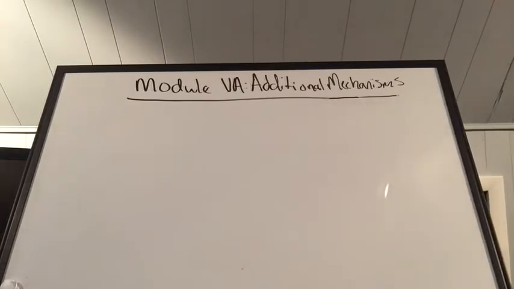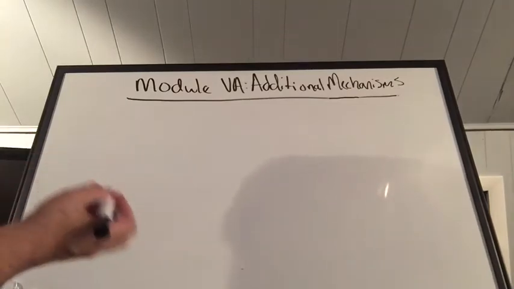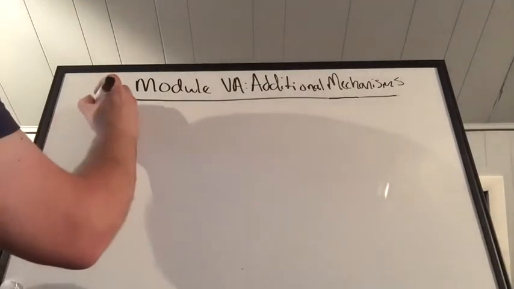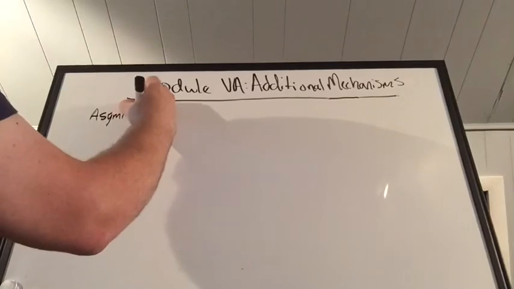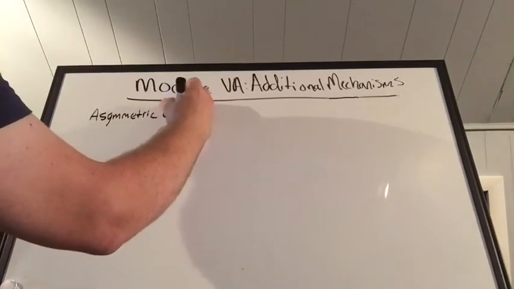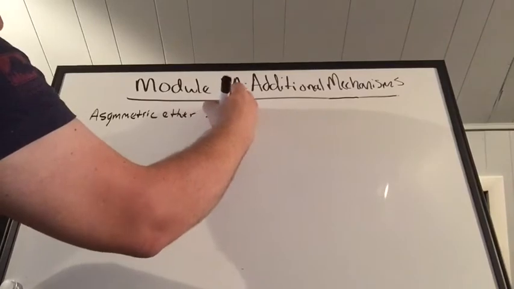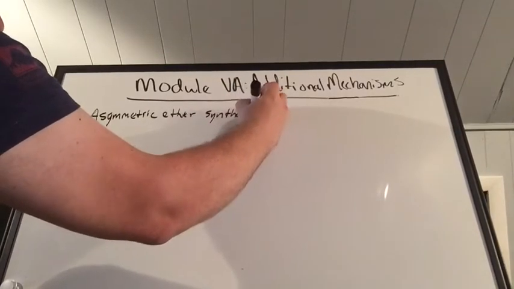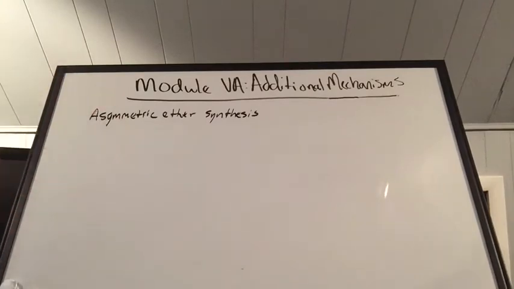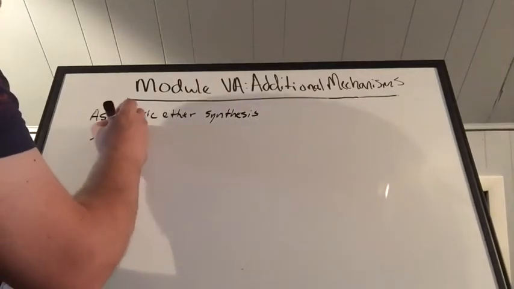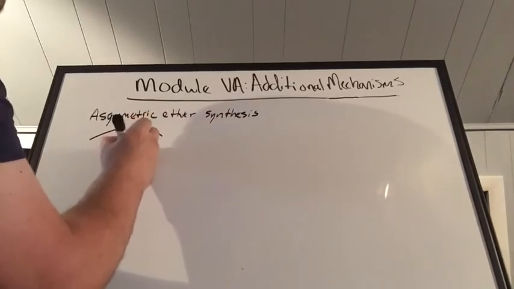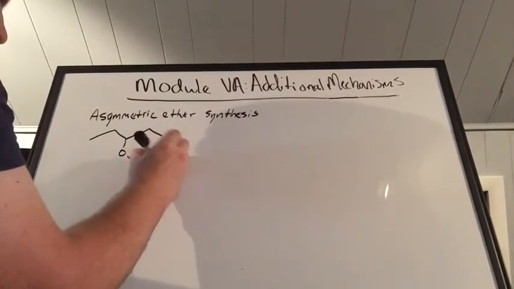Okay, so something I didn't mention about Williamson ether synthesis. If you want to get an asymmetric ether in high yield, so in other words, without wasting your product or making products that are not what you're targeting or intending, if you want to make this particular product, sorry to jump back here, guys, but I thought it was pretty important, something I kind of glossed over.